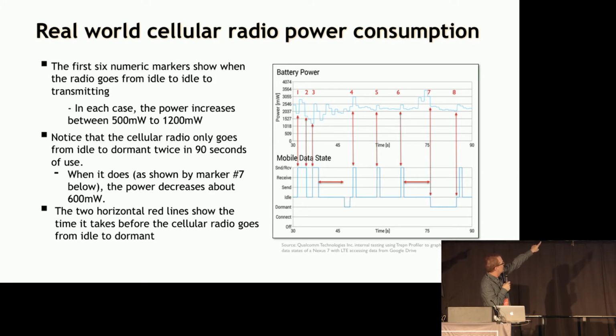You can see that long tail with the horizontal red markers. When it does actually go into a dormant state, you can see that with marker number 7, the power decreases 600 milliwatts. So you can see exactly what's happening on the radio when you run your application. So this can be really helpful to see if you have a problem here.